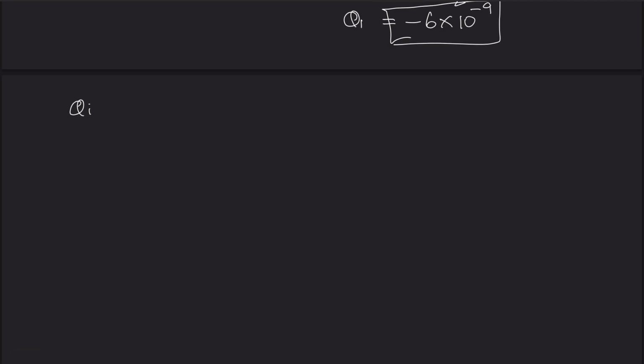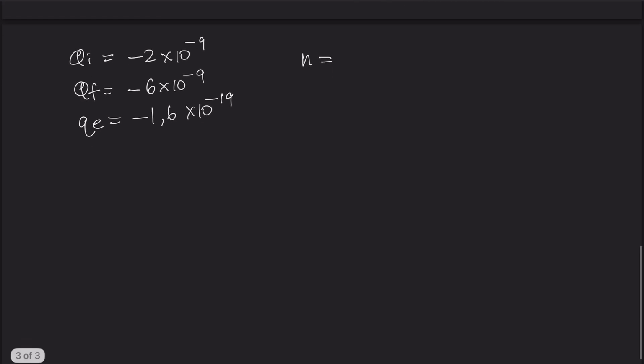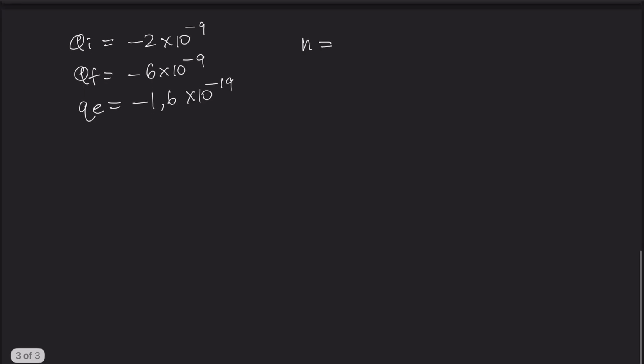We know initially, before the cloth was rubbed, it was minus 2 times 10 to the negative 9. We know after it was rubbed with the cloth, it's minus 6 times 10 to the minus 9. And we also know the charge of an electron is minus 1,6 times 10 to the negative 19. So the formula to work out the number of electrons transferred is equal to the final charge minus the initial charge, divided by the charge of an electron.